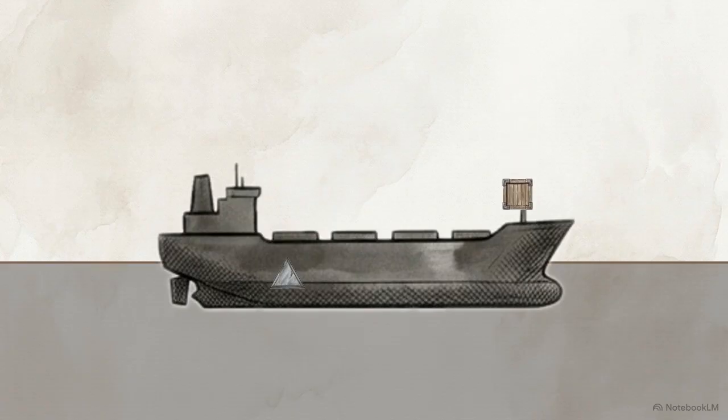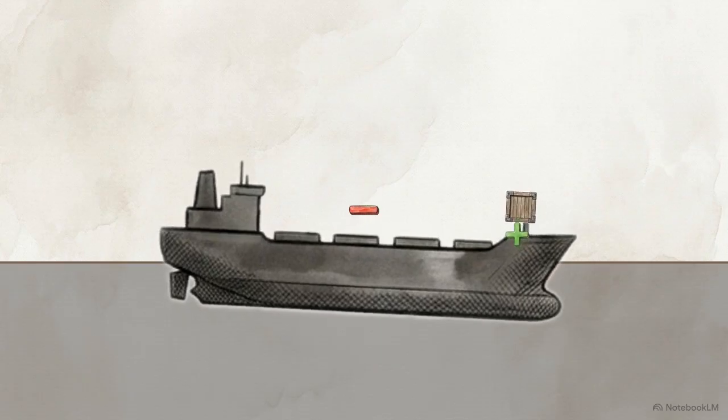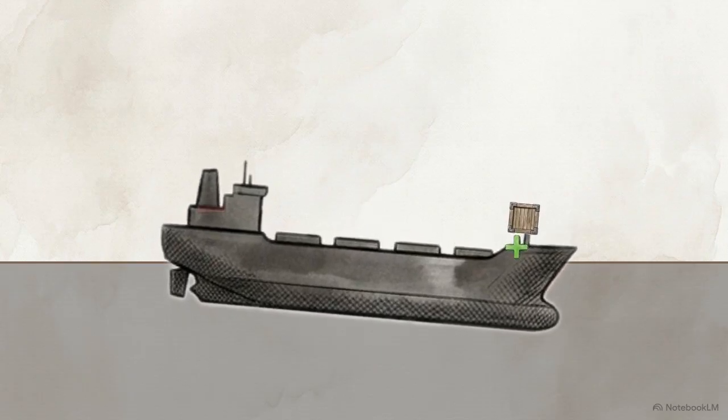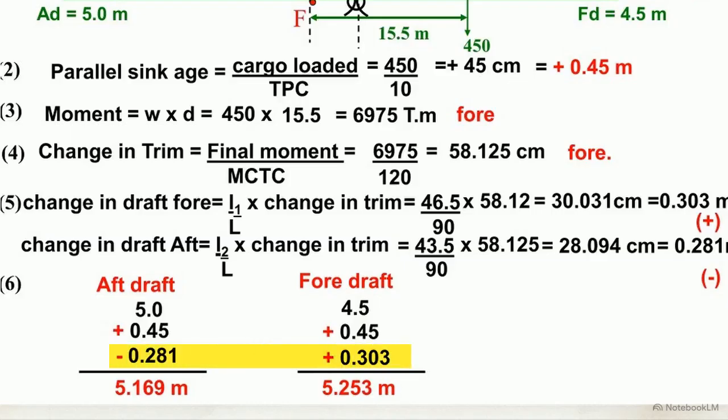Because we loaded the weight toward the forward end of the ship, the bow will go down, so we add draft there. The stern will rise up, so we subtract draft there. We slot in our split calculations: plus 0.303 on the forward side, minus 0.281 on the aft side. Add the columns vertically, and you reveal your exact final forward and aft drafts.